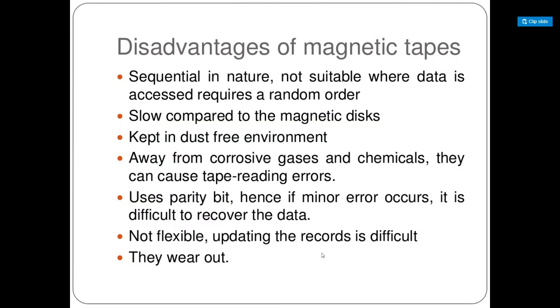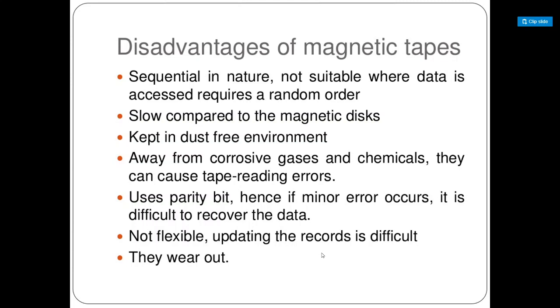And when we compare this to magnetic disc, it is a little slow, and it should be kept in a dust free environment, as I said before, and away from corrosive gases and chemicals, because they can cause the tape reading errors.